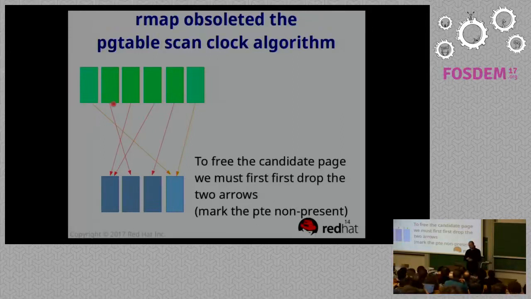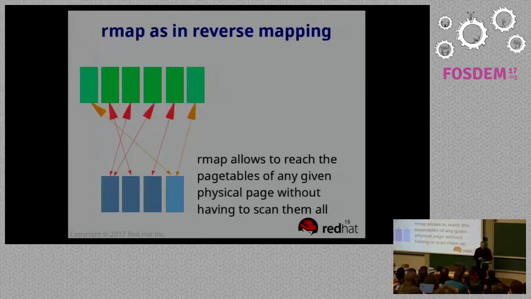So you run your program in the virtual memory, but the page table decides which page goes in the physical memory. And let's assume you want to get rid of this because you think this is the best candidate page. It's at the very end of the inactive LRU, and you need to free it. So to free it, you need to get rid of these two arrows, and to get rid of these two arrows, you need to update the page tables.